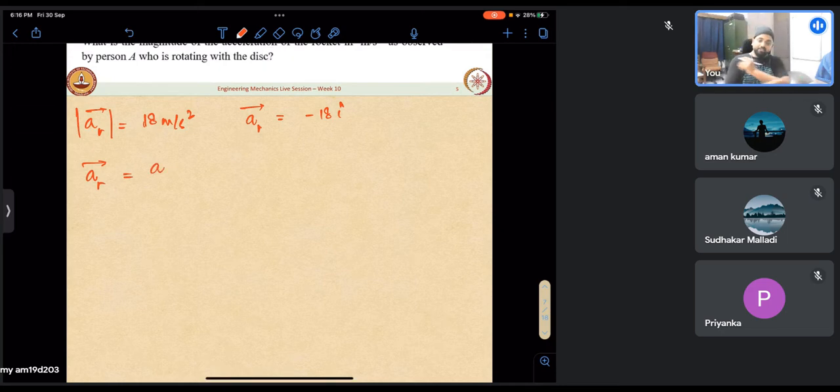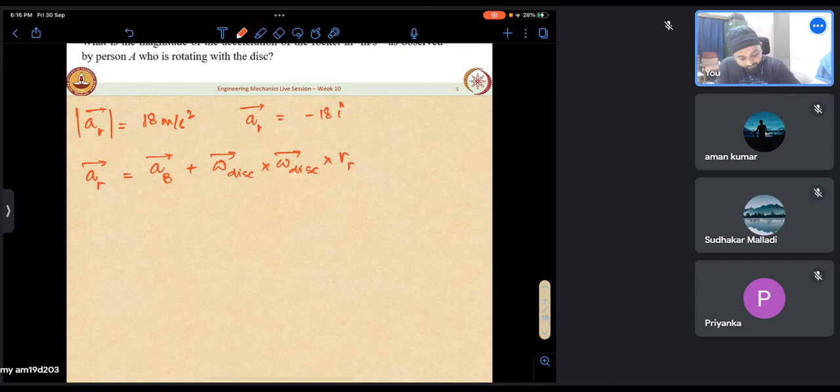Let us consider the object, the rocket, at this instant is at point B. So we can take it to be the acceleration of that point B plus omega of the disk cross omega of the disk cross R of B with respect to O, plus alpha of the disk cross RB with respect to O. It is better to write all the quantities first and then turn to which go to 0, so that we don't miss out on anything.